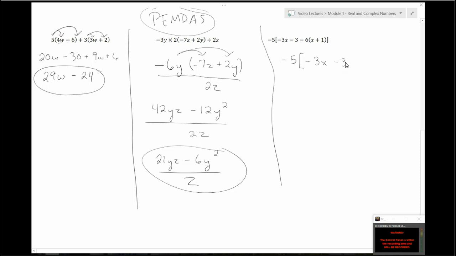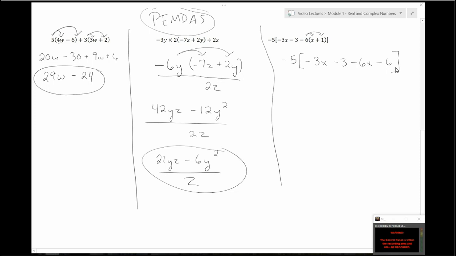So as is, I can't combine anything in this parentheses, but I need to work on combining everything inside that I can. And in order to do that, I need to distribute out this negative 6. So that'll give me negative 6x minus 6.